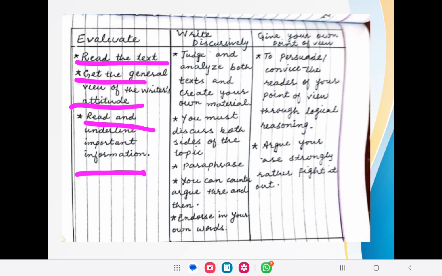So you just have to ask yourself which text you agree with. Then paraphrase means that whatever you are going to write, the points that you have underlined, you are going to write them in simple words by adding your own point of view. You can counter argue there.